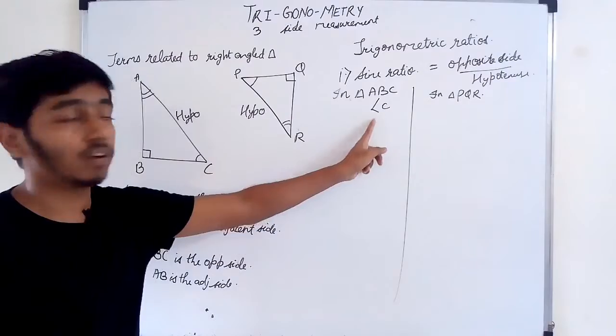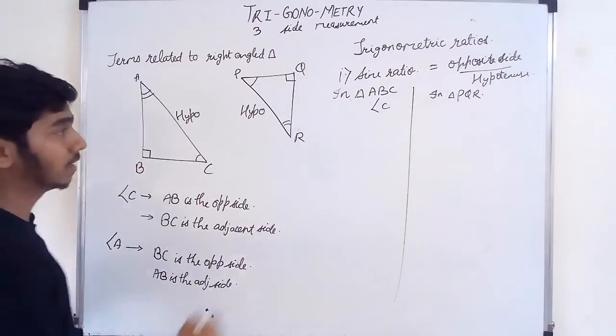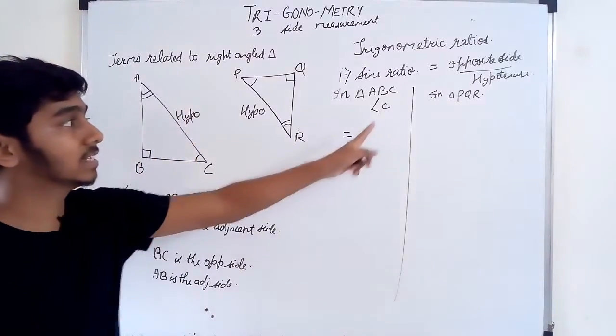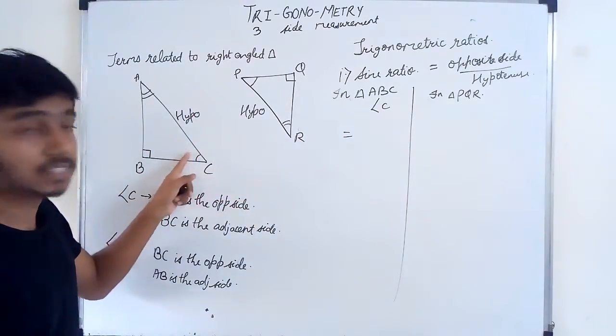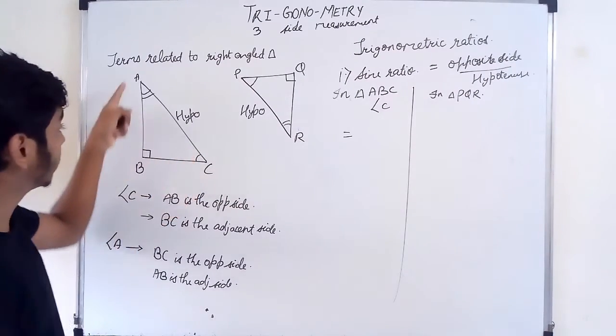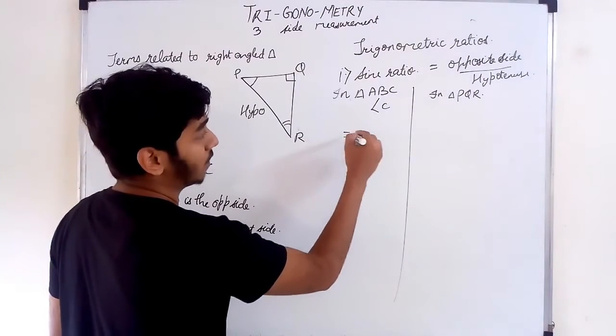So for angle C, how do you find sine? This is angle C. What is the opposite side of angle C? Which one is it? AB? Yes or no?